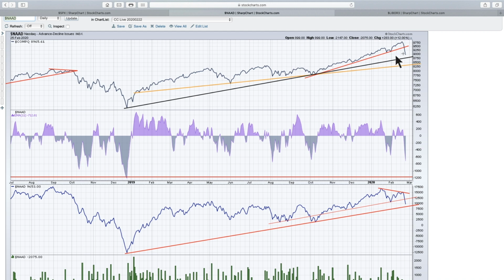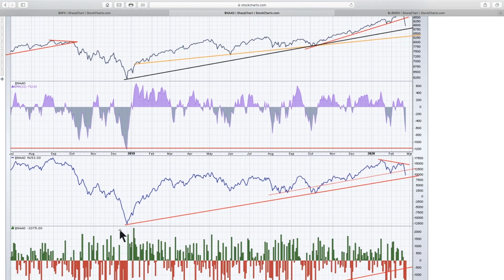Okay, so here we have the uptrend from October, and we've wiped out, we're back to kind of, on the Nasdaq, not too bad. We're only back to the beginning of the year, but on some of the other charts, we're back into the late November, early December timeframe. But one of the things we can see here is we have an uptrend in the advanced decline line, and I have this other trend line drawn in here, and I didn't know if we were going to break through it or not.